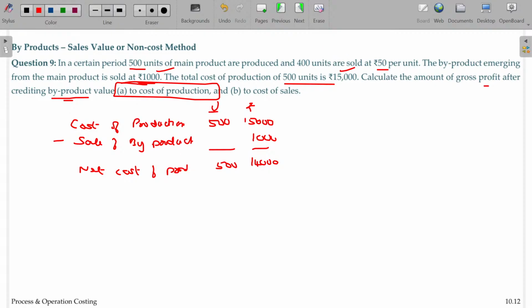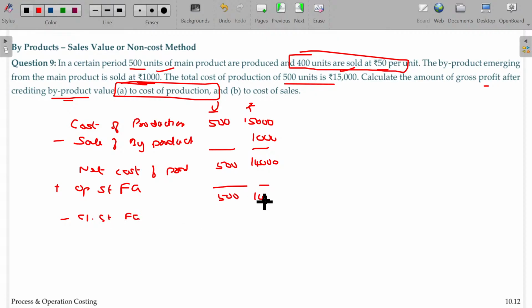How many units are sold here? 400 units sold. So add opening stock of finished goods minus closing stock of finished goods. Cost sheet only. We don't have the opening stock of finished goods. But 400 units sold means 100 units may be the closing stock of finished goods. What about the value of the closing stock? You can do the cross multiplication of this. 2,800.